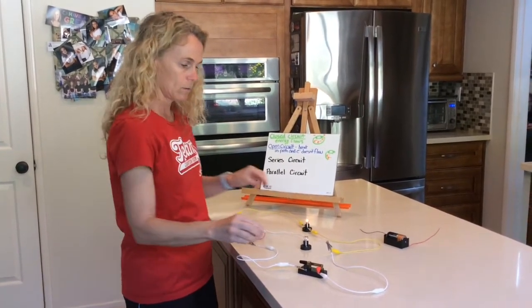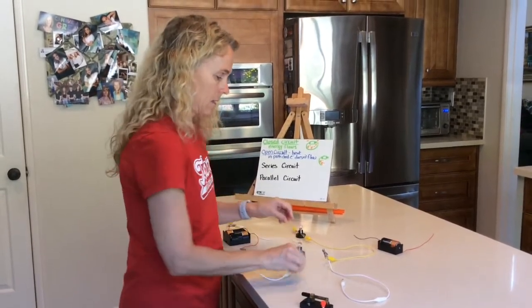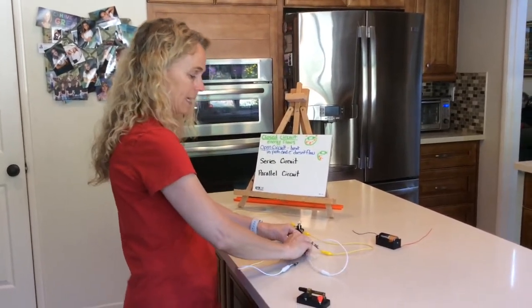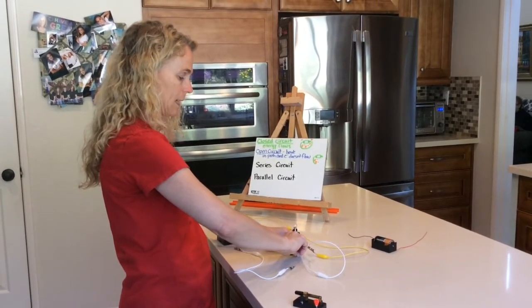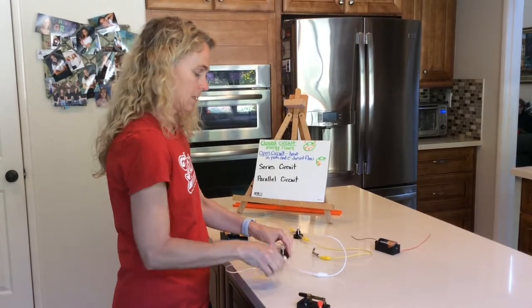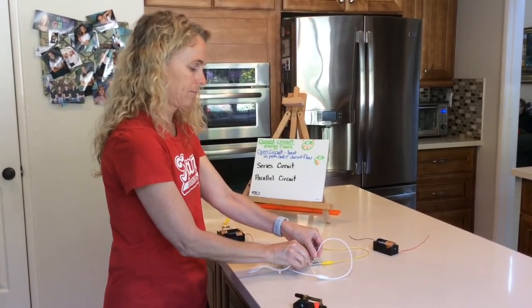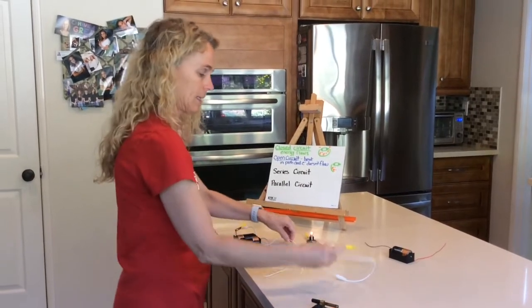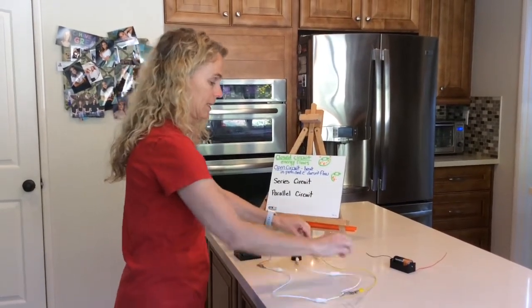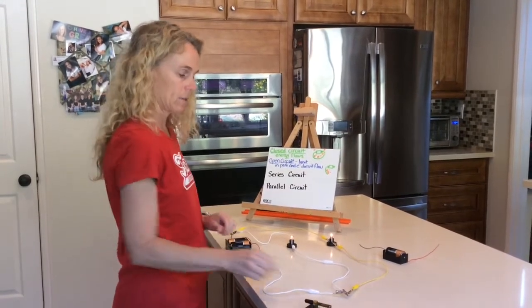What I can do is put another light. So I have 2 rooms in my house that I want to light up, and sometimes I want them on at the same time, like now. And this is called a parallel because you can see that the wires are parallel to each other.